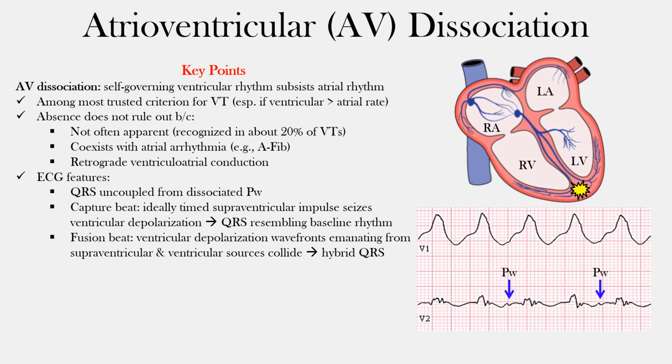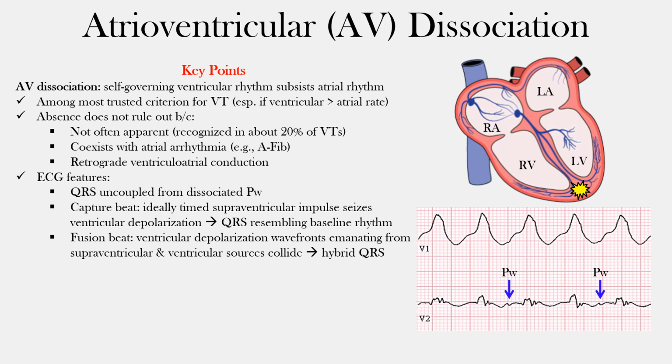Not surprisingly, several wide complex tachycardia differentiation methods include AV dissociation as a key VT diagnostic criterion. However, although AV dissociation may be quite valuable in establishing a VT diagnosis, its absence does not rule out VT, since it's not always seen on the EKG, even amongst those with known VT.